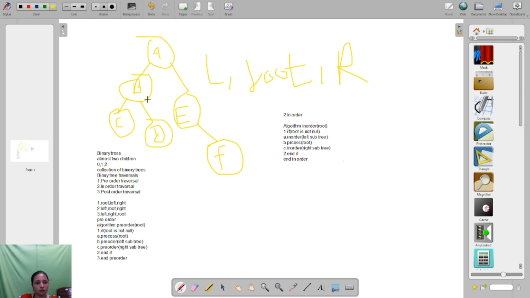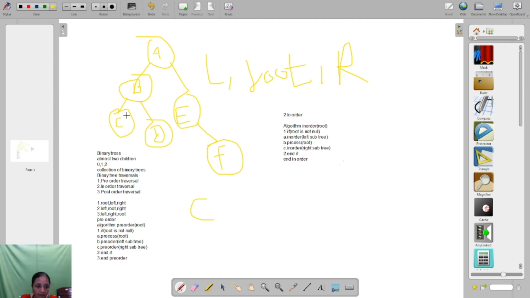So here we first see the left hand side. This node has two children. Here this one is C. First you visit C, then you visit root.